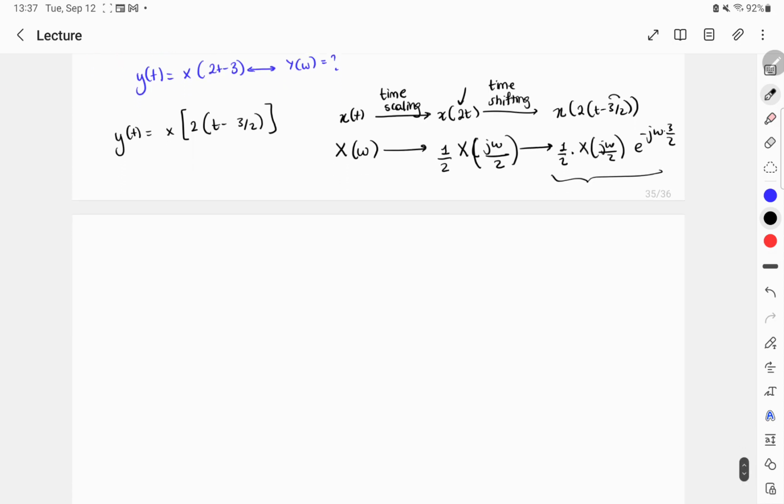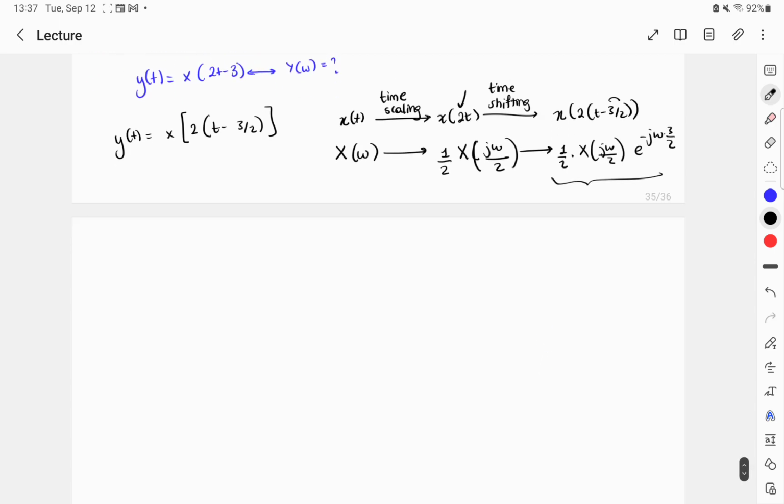And here we came to the end of our lesson. Now let me remind you of these properties if it was hard to follow. Reminder, let's say: if we do time shifting, here we have our signal and here we have our Fourier transform.